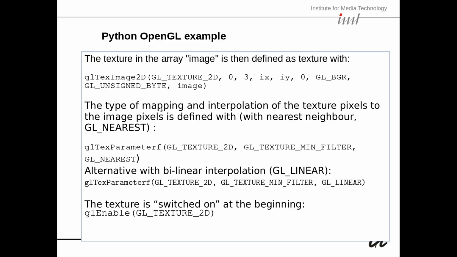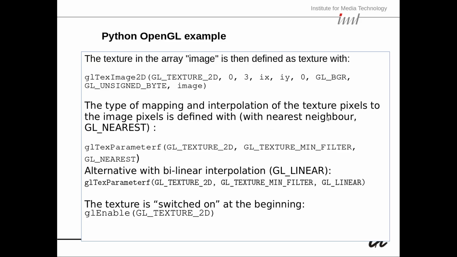Yeah, and next we need to define the type of mapping and interpolation of the texture pixels to image pixels. And this is defined with this command, glTexParameterf, f for float. And here we can choose the type of filtering.